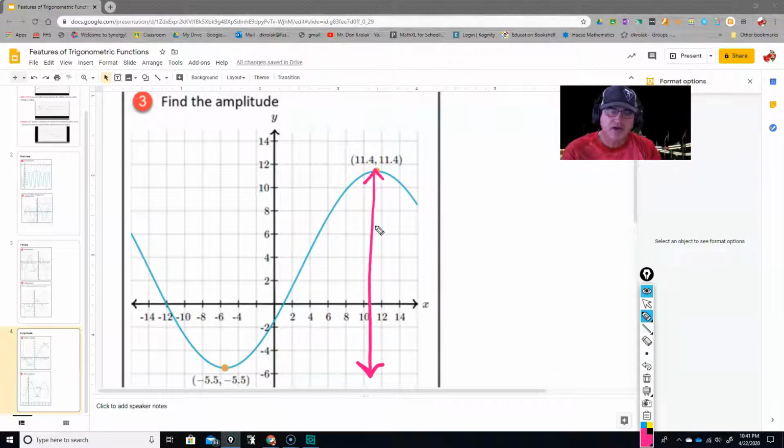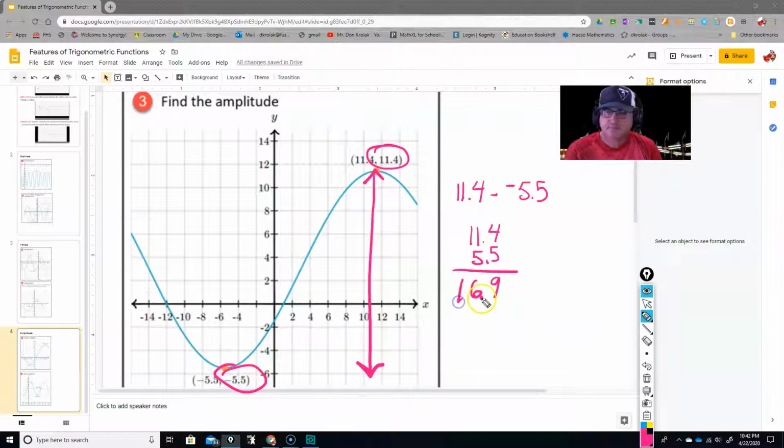Okay, so to find the space between 2 points, you're not finding the average, you're subtracting the two distances. So I would take 11.4, this y coordinate, and subtract negative 5.5, which means I'm actually going to be adding these two values. So this entire distance is 16.9.